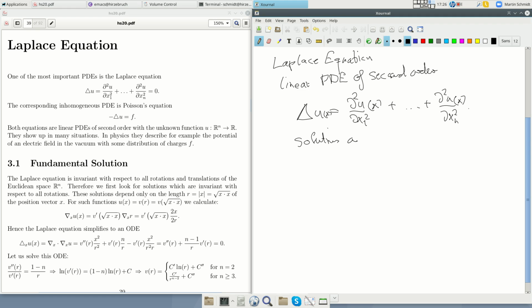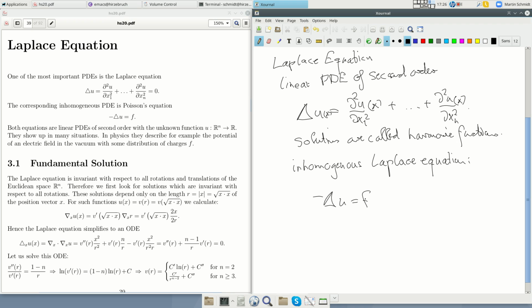Solutions are called harmonic functions. And it's a linear equation, and the inhomogeneous Laplace equation looks like minus Laplace u is equal to f.